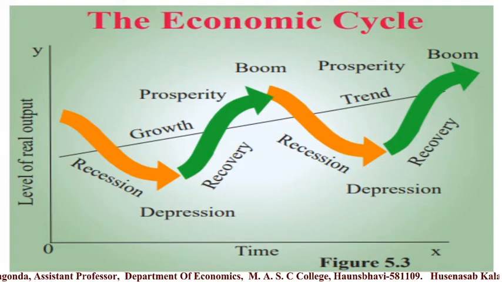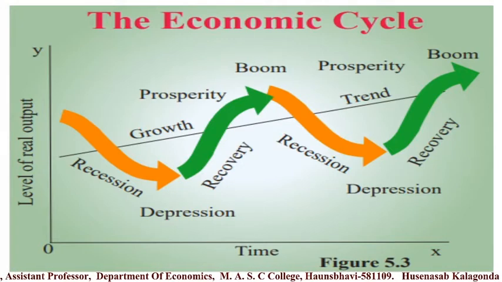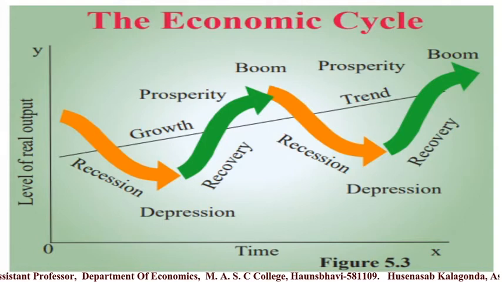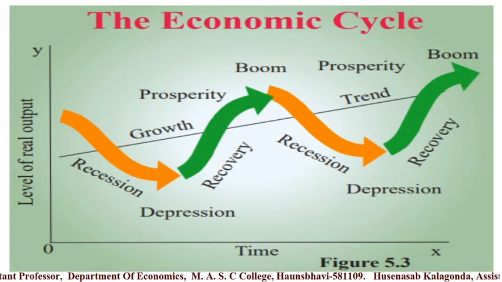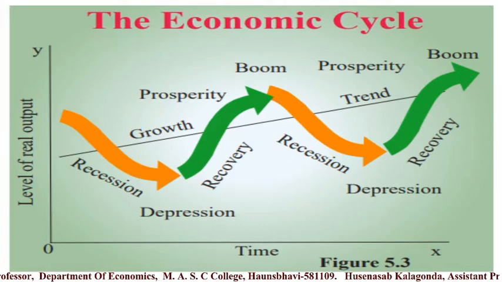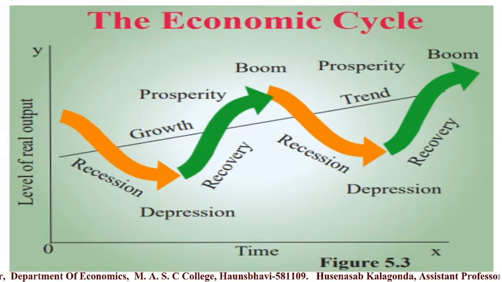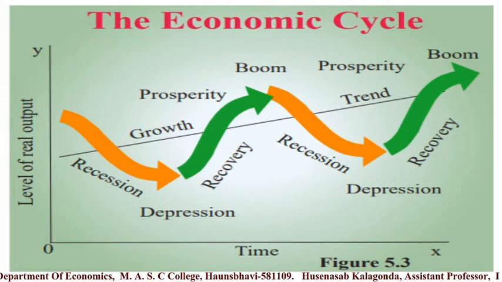Economists differ regarding the possible causes of the end of prosperity and the start of downswing in economic activity. Monetarists have argued that contraction in bank credit may cause downswing.